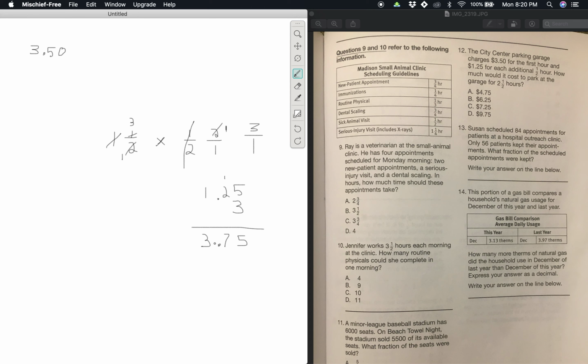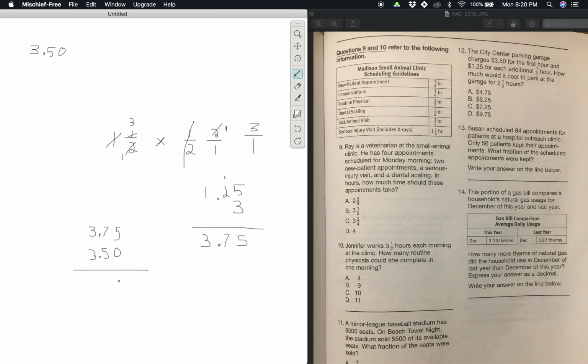So we have 375 here, or $3.75. Then we have the first $3.50 from the first hour of parking that we removed earlier.